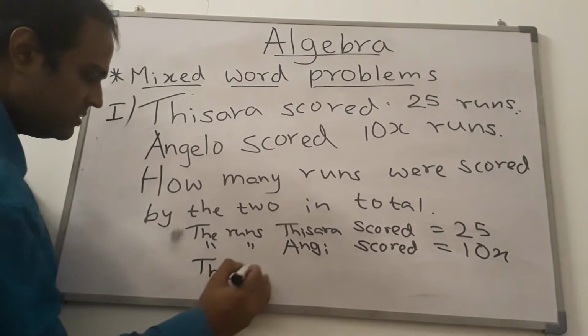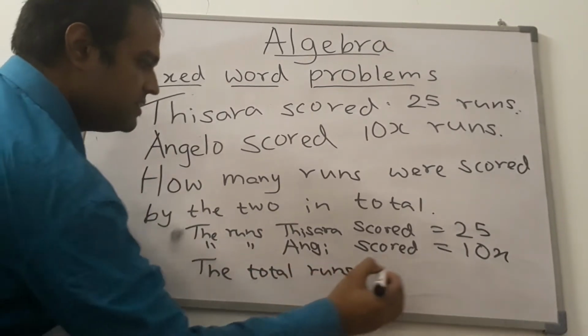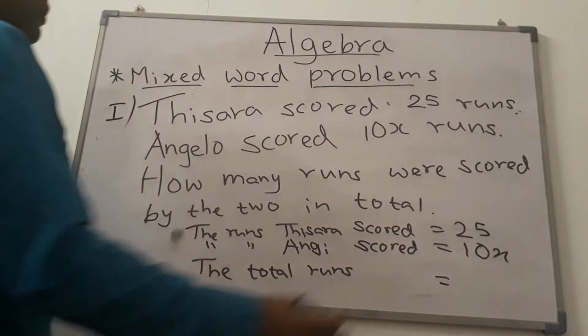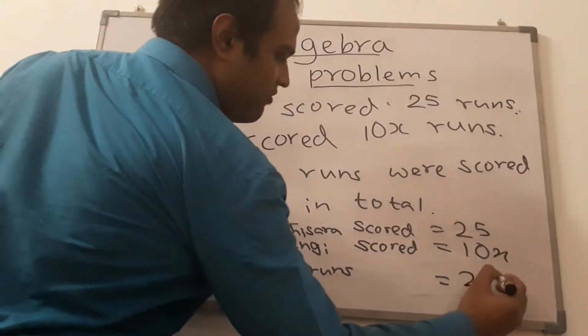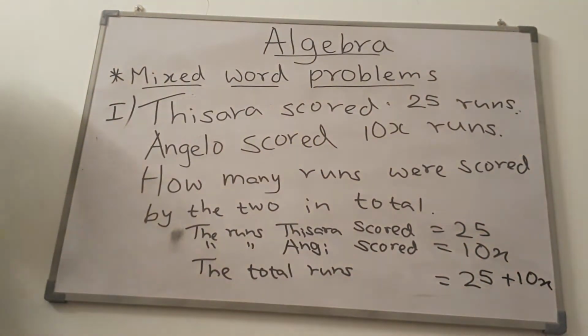To find the total runs, we have to add 25 to 10x. So the answer is 25 plus 10x.